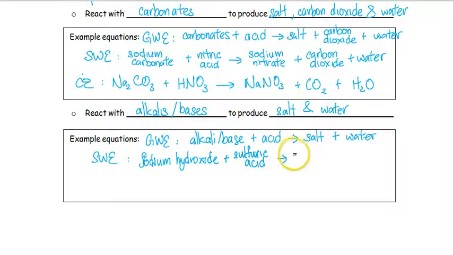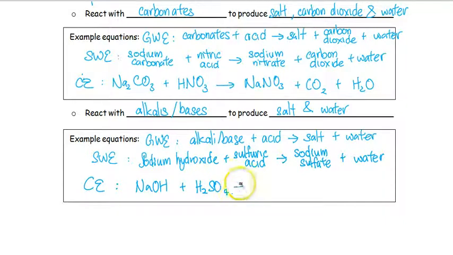You give me, in this case, sodium sulfate plus water. So the chemical equation will be sodium hydroxide is NaOH, sulfuric acid is H2SO4. You give me Na2SO4 plus H2O. If you do not know how I get all of these chemical formulas, please go and recap on your chemical formulas.